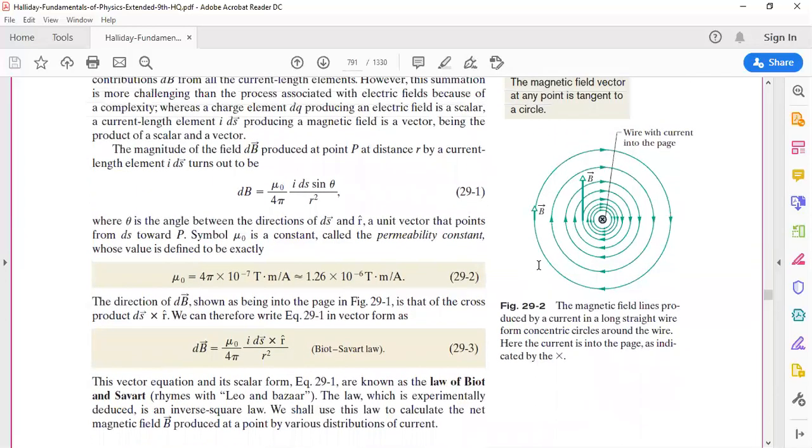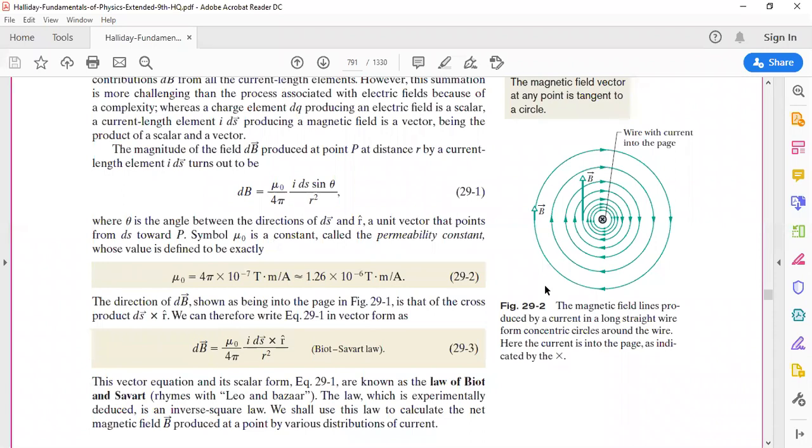This is the fundamental equation in magnetic field measurement. Figure number 29.2 is the basic description of equation number 29.1.